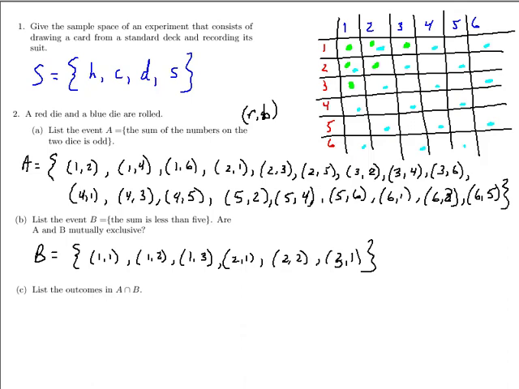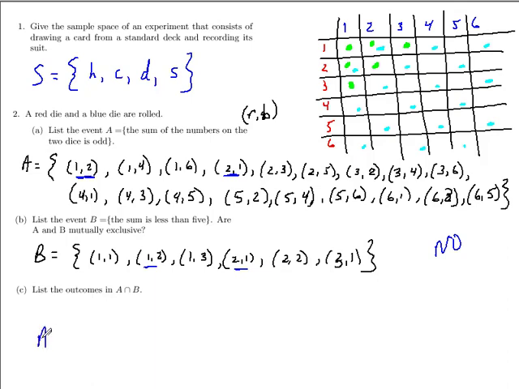And the next part of this question says, are A and B mutually exclusive? Well, mutually exclusive means they have nothing in common. Quick look at our dice chart or look at our sets, we notice that there are 2 of these that have both a light blue dot and a green dot at the same time. So the answer is no, it's not mutually exclusive, because these outcomes I've underlined in blue happen in both sets.